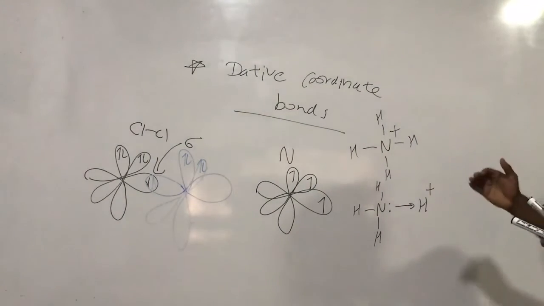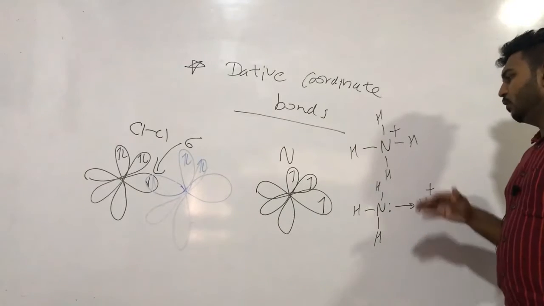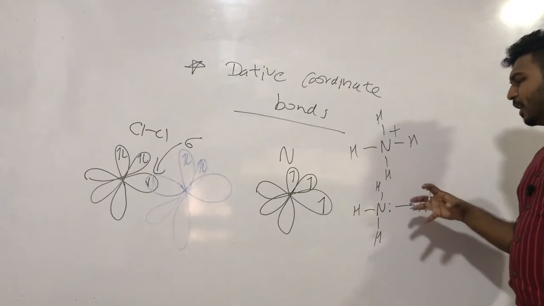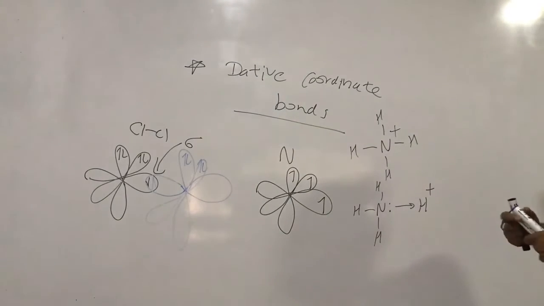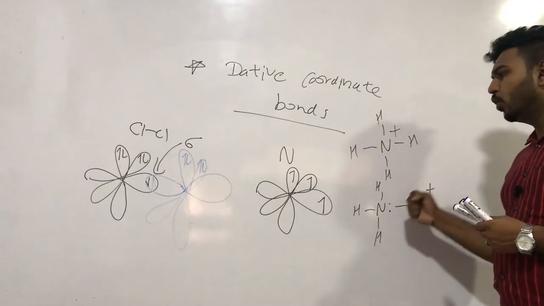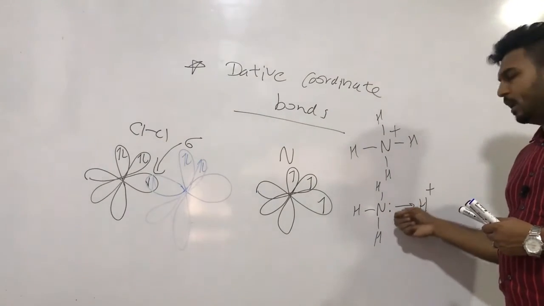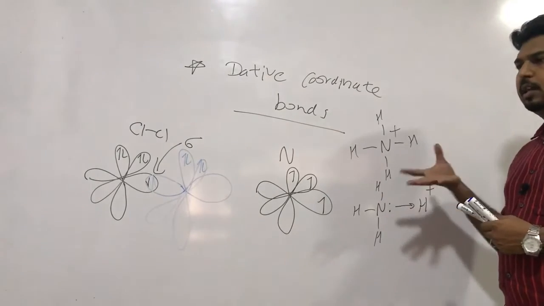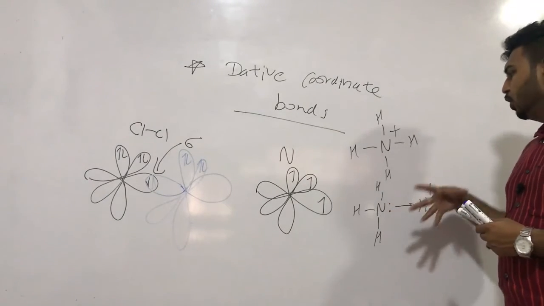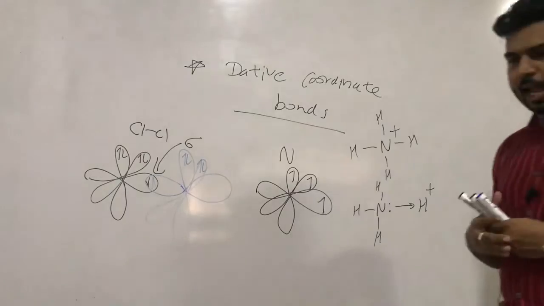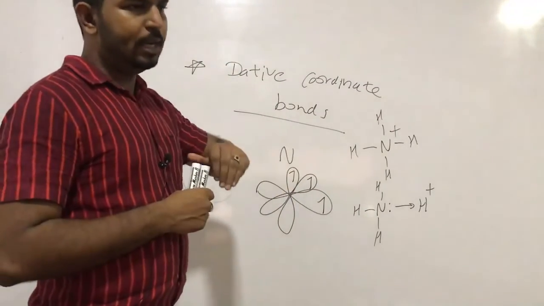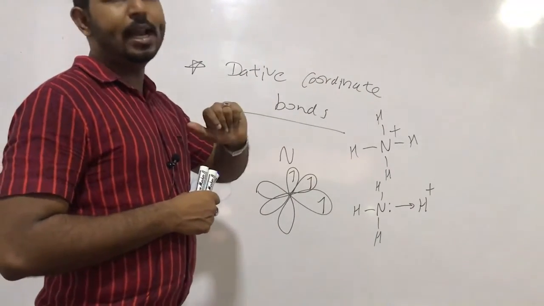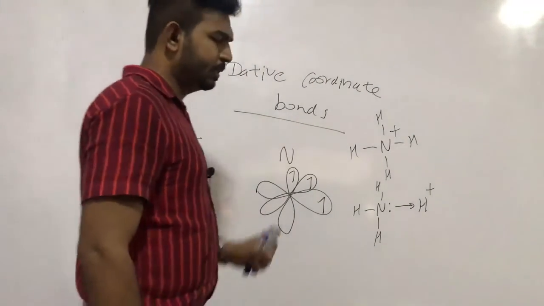So this one has 2 paired electrons, and it will give the paired 2 electrons; the orbital will overlap with another orbital without any electrons.